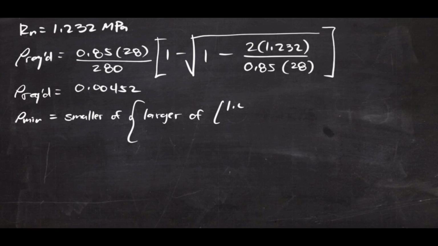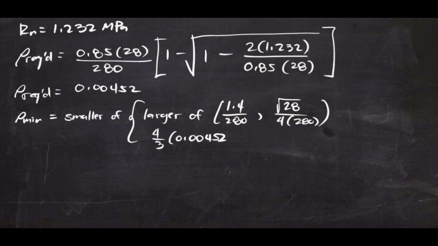Now, we need to compare it with the minimum required, which is the smaller of two values: the larger of 1.4 over Fy and square root of Fc over 4 times Fy, and 4/3 of what was required. Solving for this, we have 0.005 for this one and 0.00472. Here we have 0.00603.